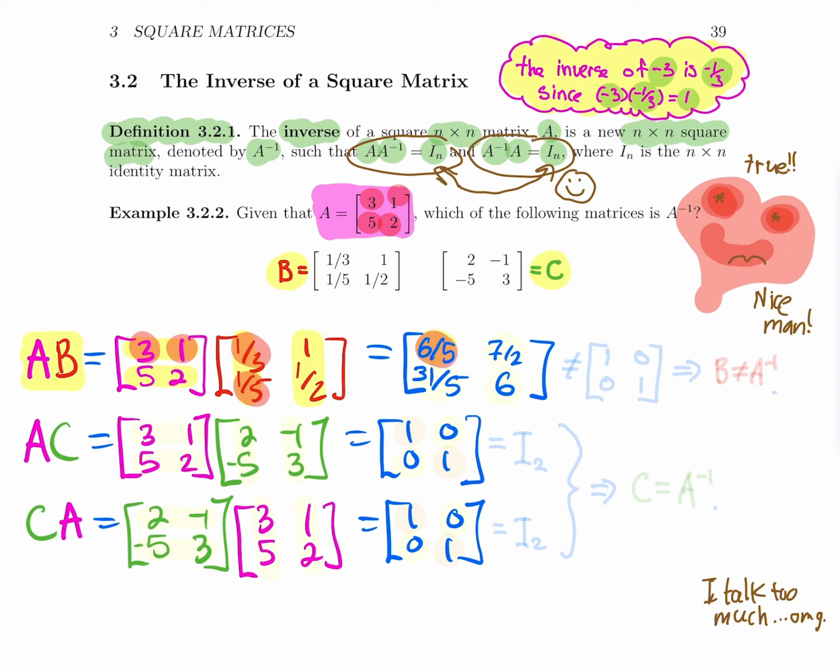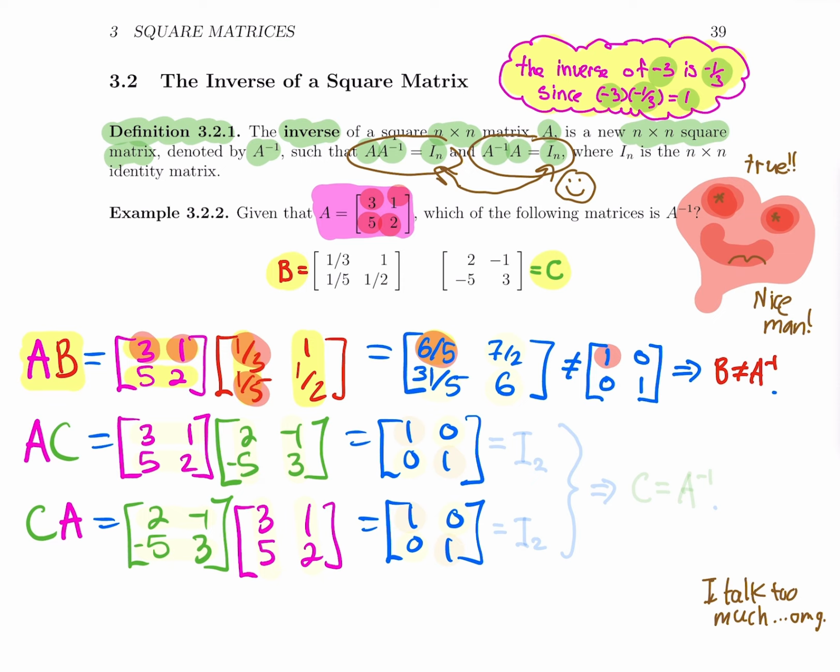Already we could stop there. This is not the identity matrix because we know at the top left corner we're not getting a 1, so this is not equal to 1, 0, 0. You don't even have to compute the other ones. So this automatically tells me that this matrix here, B, is not the inverse for the matrix A.